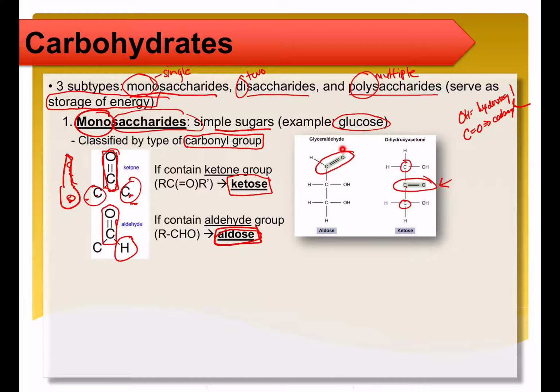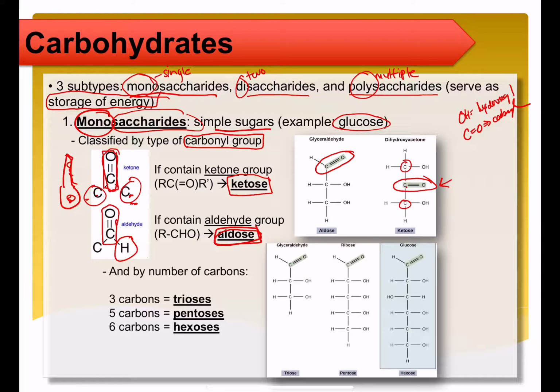Glyceraldehyde is the name of this particular carbohydrate molecule, and because the carbonyl group is at the end, with one hydrogen attached and the other side a carbon, we call that an aldose. In this dihydroxyacetone molecule, the carbonyl group is in the middle, flanked by two carbons, so we call that a ketose.